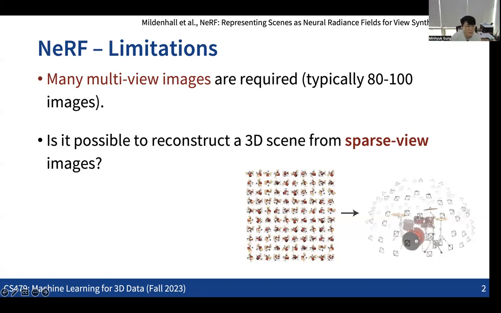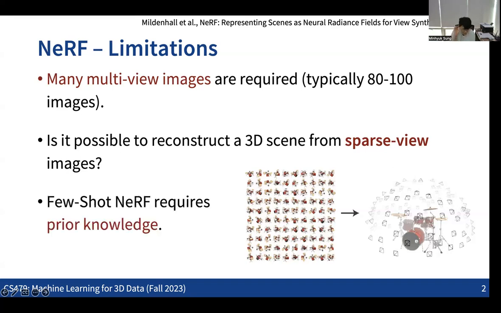Obviously, if we only have very sparse view images, it's really hard to get all the 3D information because even the input data does not provide all the 3D information, which means that if we want to reconstruct 3D only from these sparse view images, then we might need some prior knowledge that we can leverage in this 3D reconstruction, which means that we might need to use information about how likely the output object or scene will look.